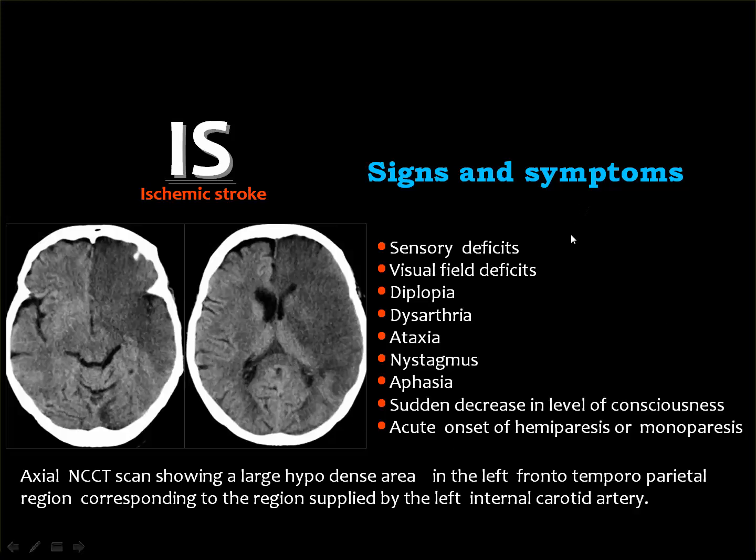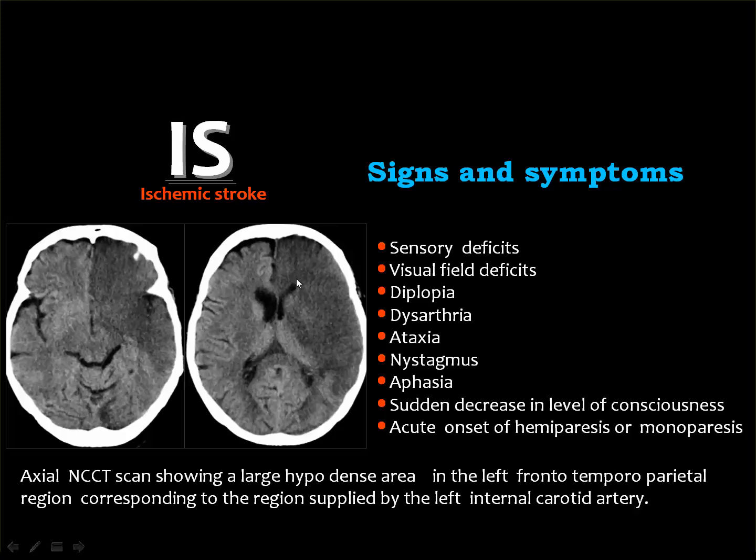The signs and symptoms of ischemic stroke are numerous, starting from the sensory defect and visual field defect, diplopia, dysarthria, ataxia, aphasia, and even seizures in some of the cases.